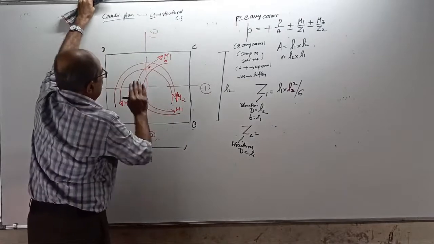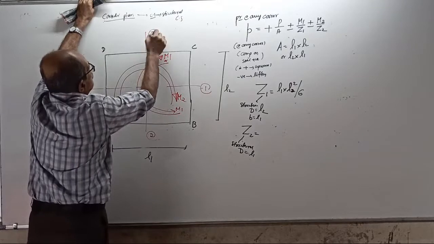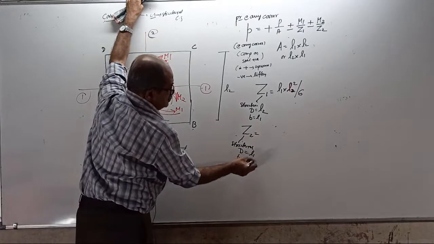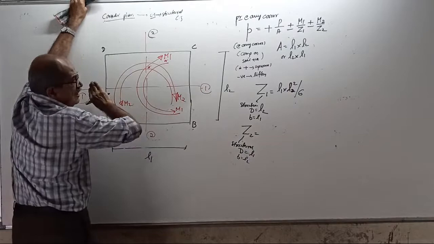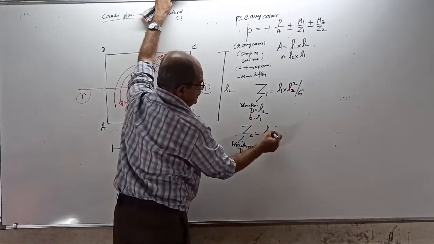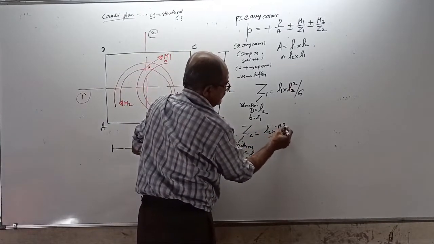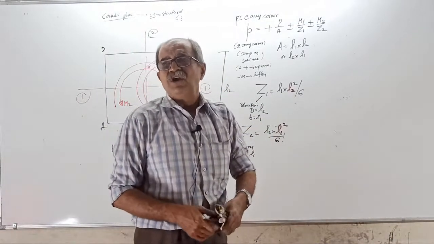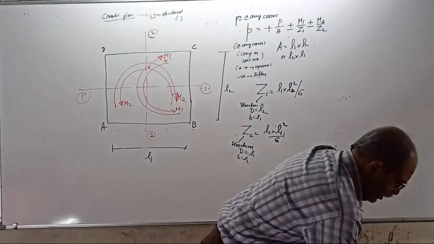For M2, the structural depth is L1 and the structural breadth is L2. So Z2 equal to L2 into L1 square by 6, when the hand is moving this way, L1 to be squared. Tell me, full clear or not? Fast. Full clear.